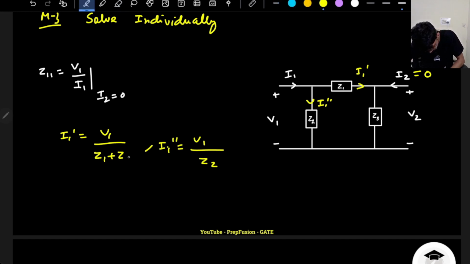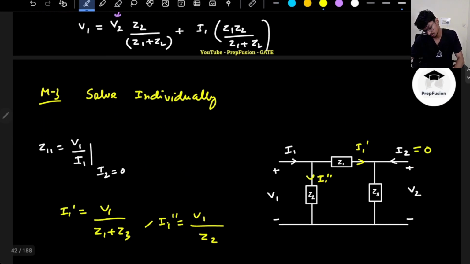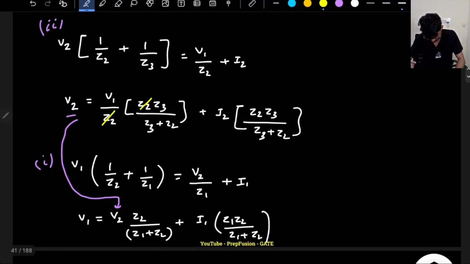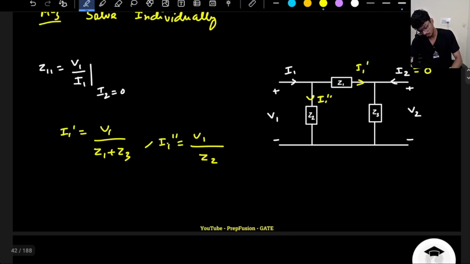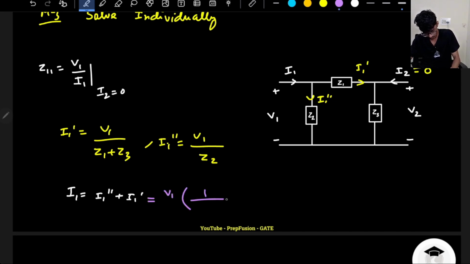Okay, so I hope I have not made any mistake previously as well about Z2 and Z3. So I know that my I1 current is I1 double dash plus I1 dash. So it will be equals to V1 into 1 by Z1 plus Z3 plus 1 by Z2.